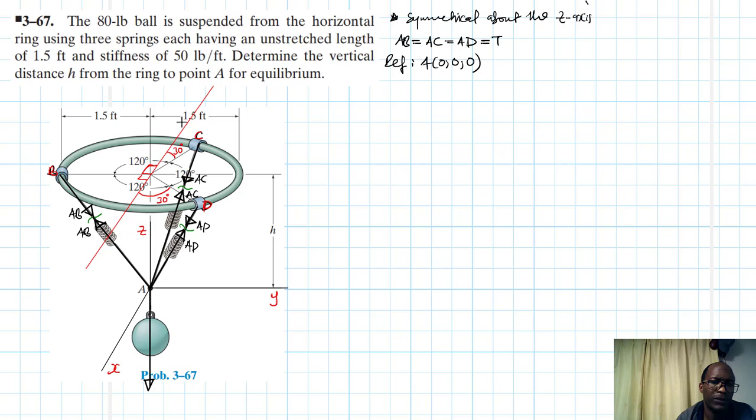Okay, so with this information we can now start drawing our system, the components. So we are going to have a component. Let's start with AB. AB is in the YZ plane, so it will only have one component in the Y, of course, and another component in the Z. Let me take it up to somewhere there.